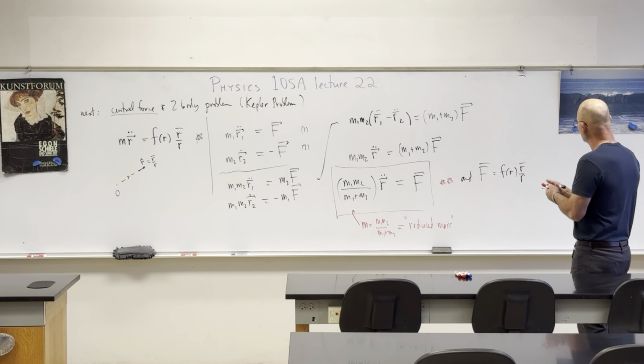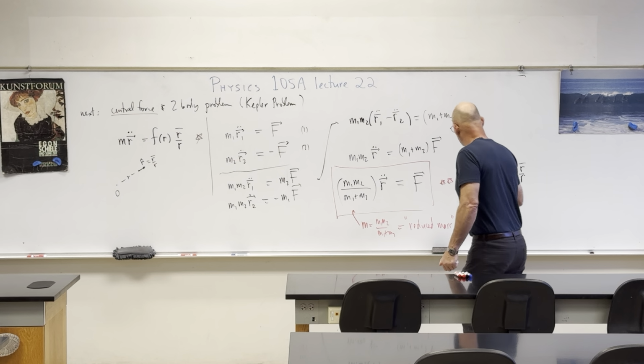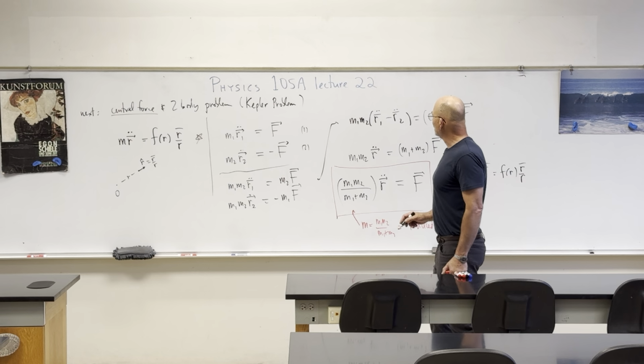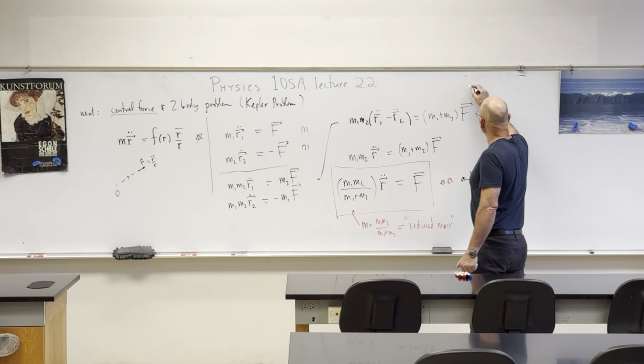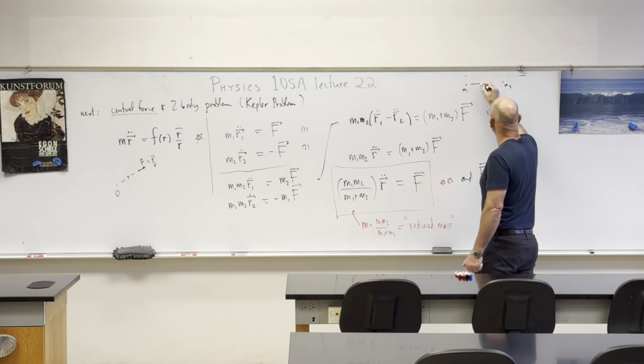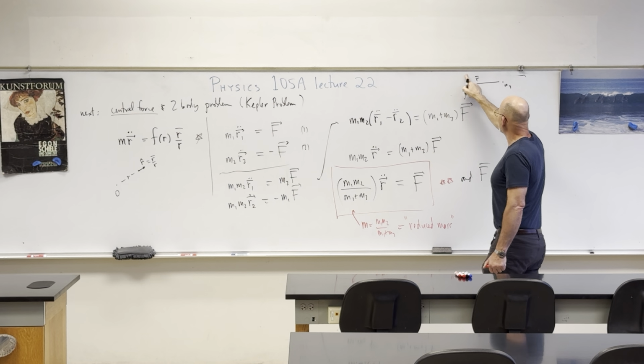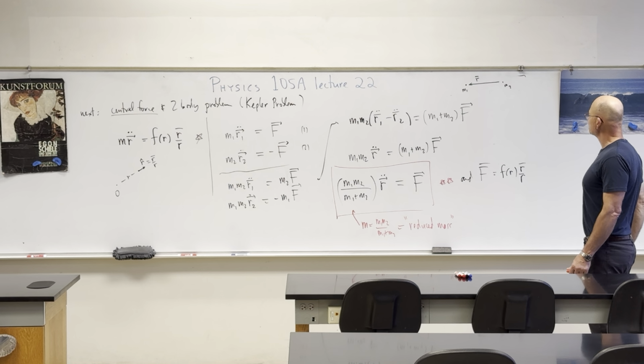You know, let's quickly say something about the reduced mass. Which one in our picture was going to be much larger than the other? So there was our M1, this was our M2. Vector R was pointing from that one to the other.